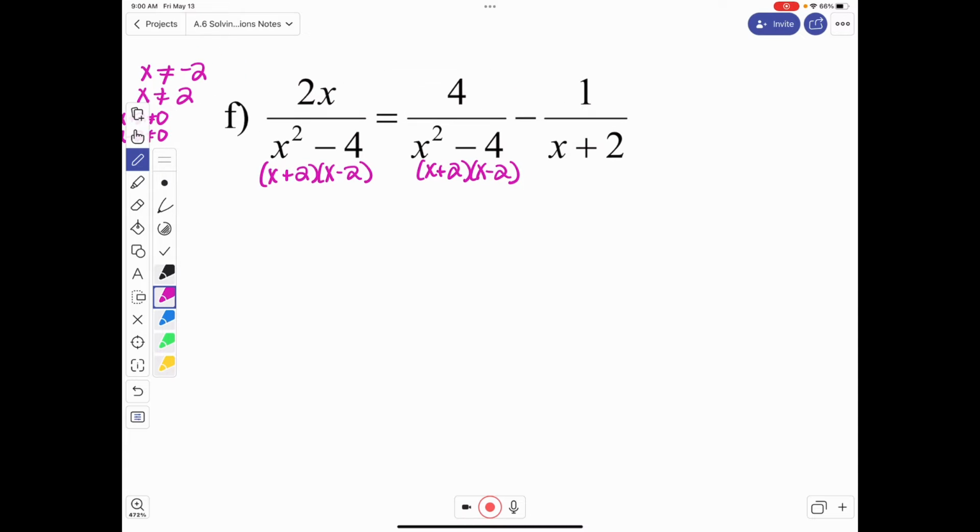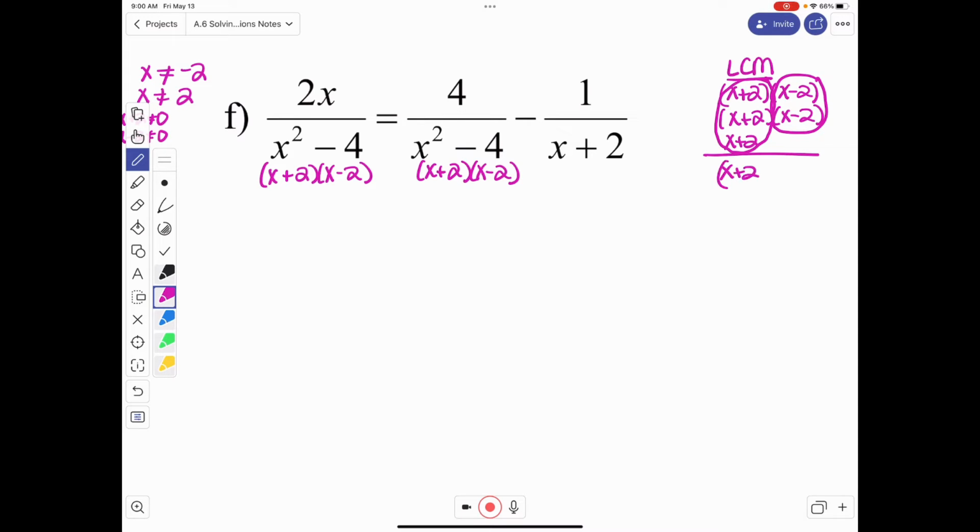Now, again, if I find my least common multiple, I write each denominator out over here. So if I pair up or triple up everything, my least common multiple is x plus 2, x minus 2.